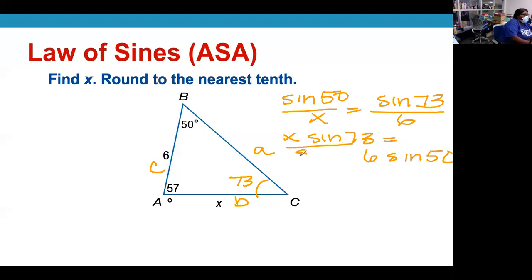We're going to divide both by the sine of 73. And then this is what I'm going to put in my calculator. All of this right here to get me X. So somebody put it in their calculator. I'm going to put it in mine.